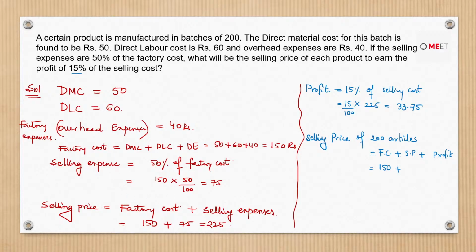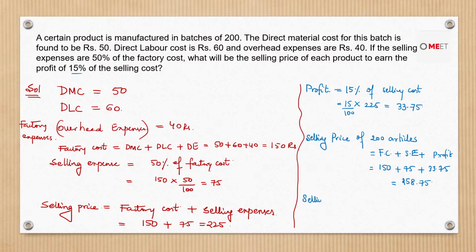Selling expense is 75 rupees and profit is 33.75. So this comes out to be 258.75. Next is the cost for each item.